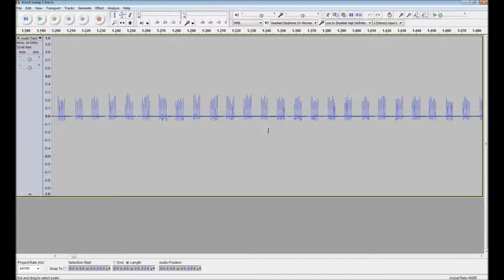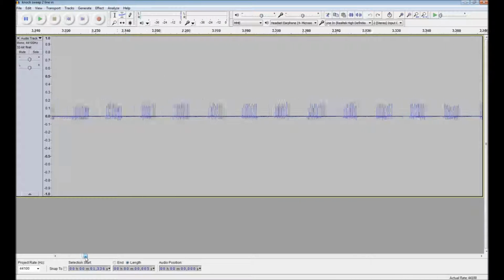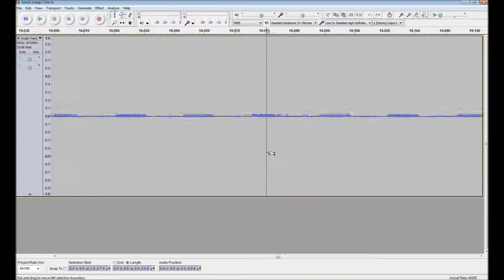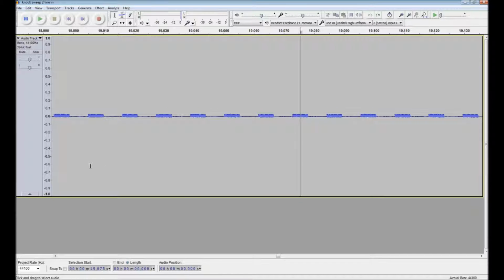These lines are getting pretty tight now. This is because this is one frequency, this is another, third, fourth, fifth, and sixth, and so on. And I will show you how this works soon. And you can see up here we have a lot of static, or what you want to call it.